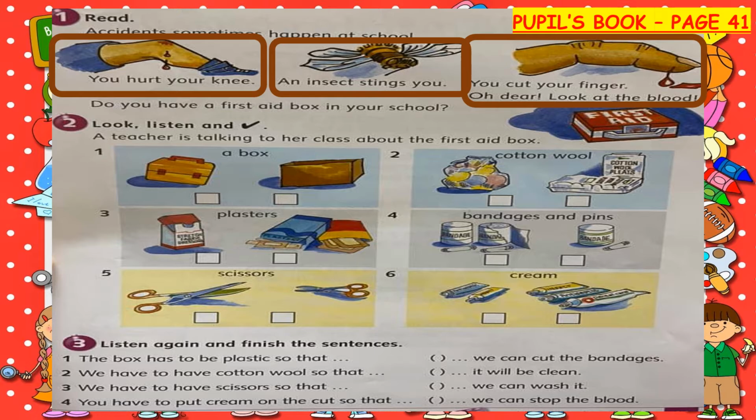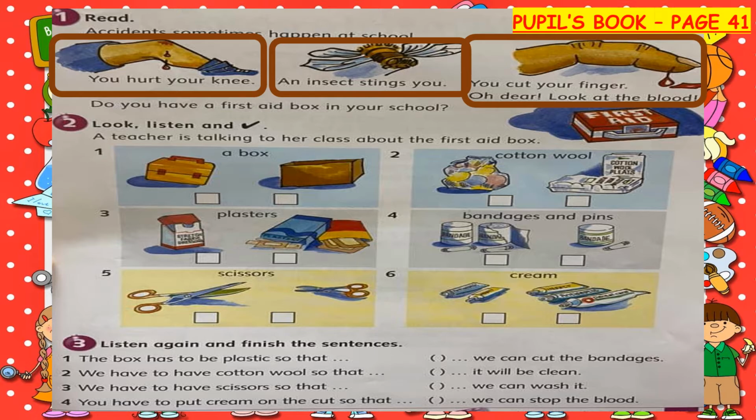That's right. The small pair of scissors is fine. Last of all, we have to have some cream. This is antiseptic cream. We put it on a cut. Why? So that the cut is clean. Good. And this is insect cream. If a bee stings you, we can put this on the sting.